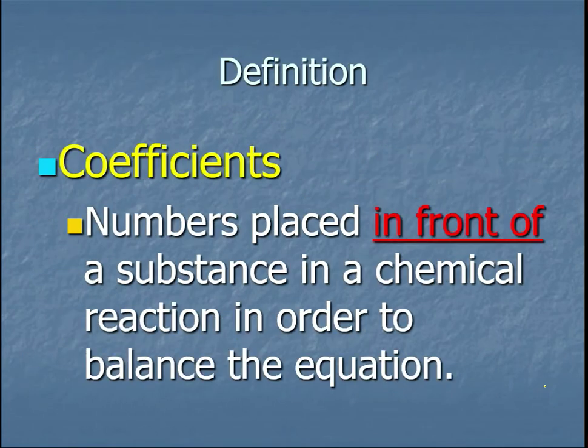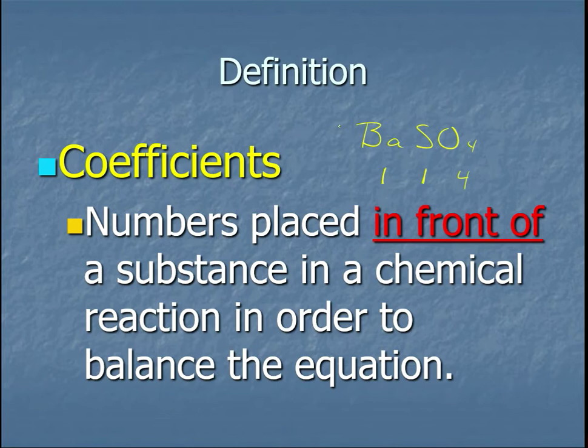What we're going to use are numbers called coefficients. In a balanced chemical equation, we're going to put a number out front of the substance's chemical formula, and that indicates how many of that compound you have. So, for instance, if I had the compound barium sulfate, BaSO4, I would have 1 barium, 1 sulfur, and 4 oxygens.